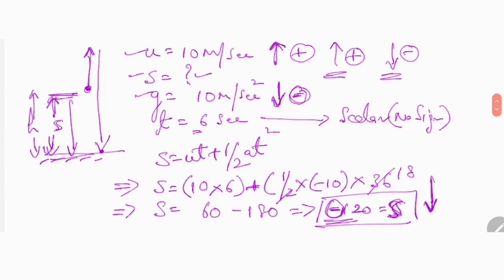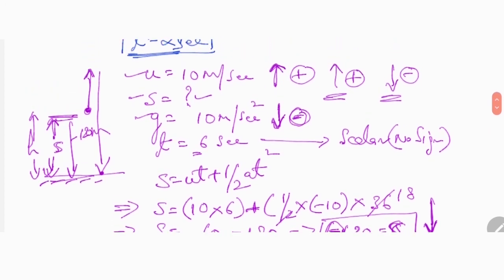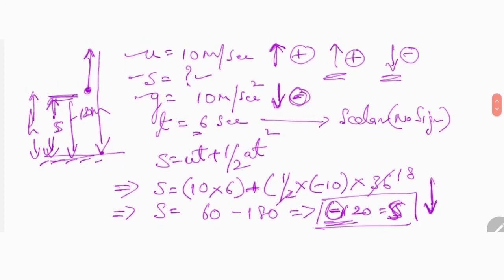This distance from here to here, as per our calculation, will be minus 120 meters. So I hope you completely grasp this concept of sign conventions. Please take a few problems and do it for yourself, because generally I see a lot of students getting this wrong because they confuse these sign conventions.